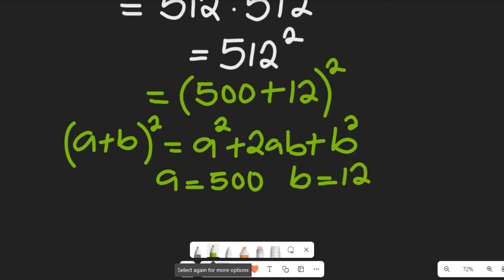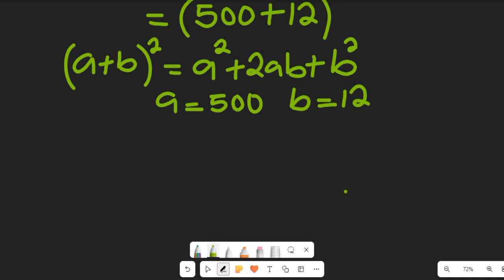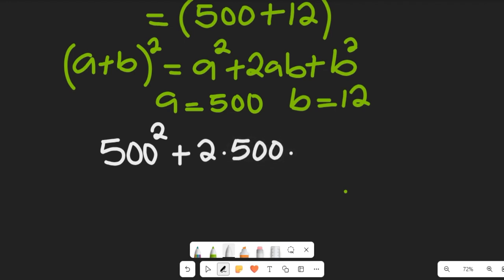Now, if I expand that using the algebraic formula, that expression will now give me the value 500 squared, plus 2 multiplied by 500 multiplied by 12, plus 12 squared.